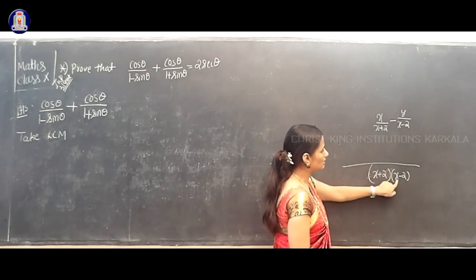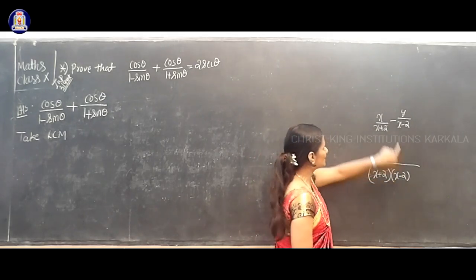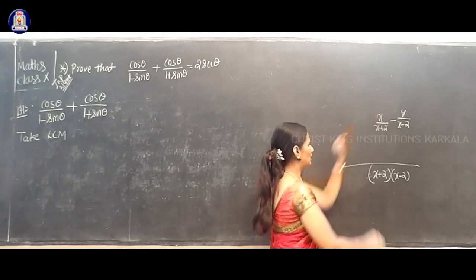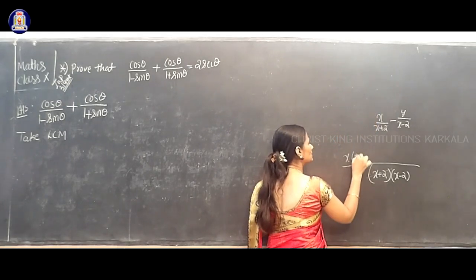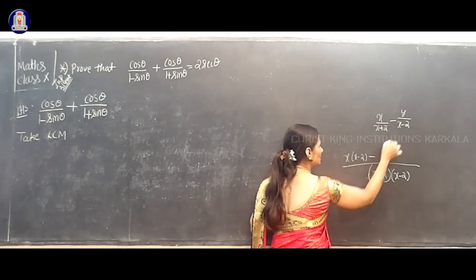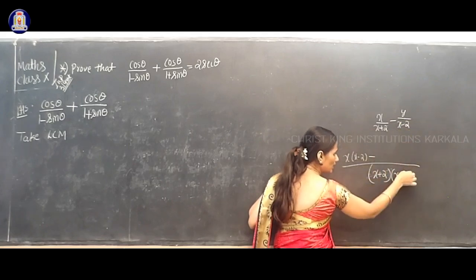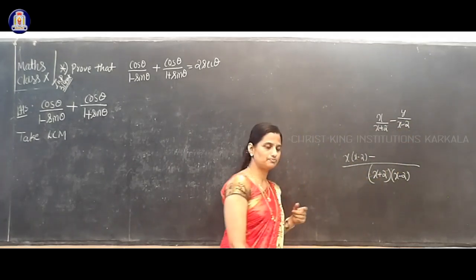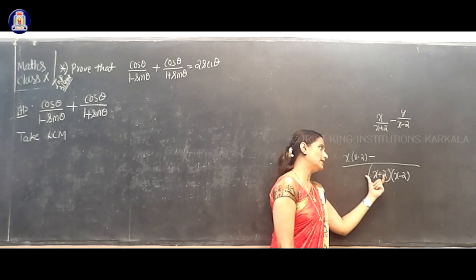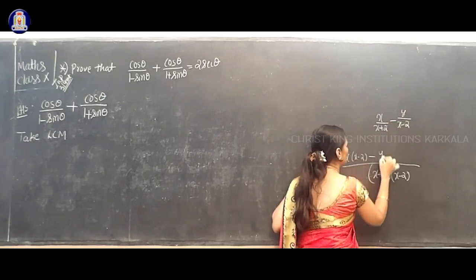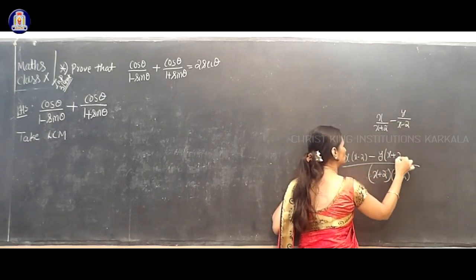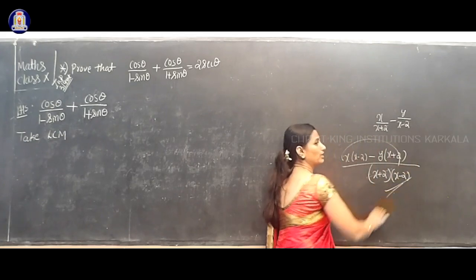What is left is x minus 2, that is multiplied to this one, x into (x minus 2), minus, assume that x minus 2 and x minus 2 cancel. What is left here? x plus 2, that should multiply to y into (x plus 2). Next is simplification, right?